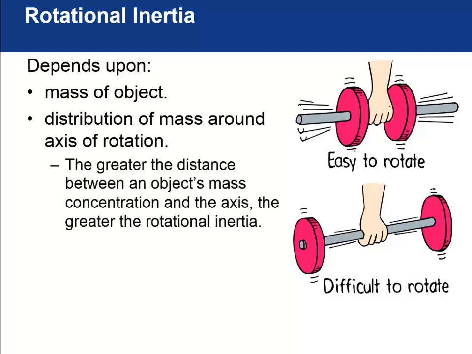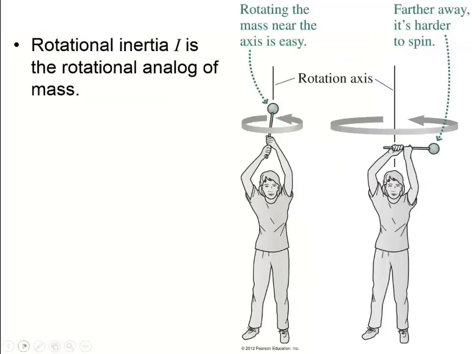So for example, here's a dumbbell where the mass is close to where your hand is, where you're trying to rotate it. That's easy. If you put these masses further away from your hand, it becomes more difficult to twist, and you can test that yourself. The greater the distance between an object's mass concentration and the axis, the greater the rotational inertia.